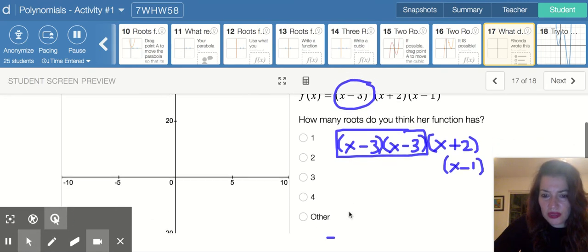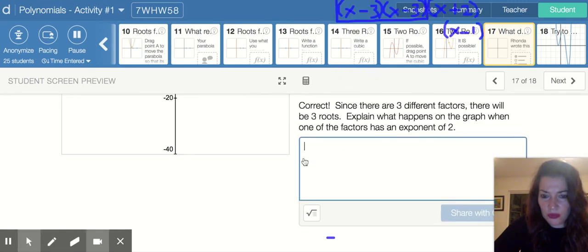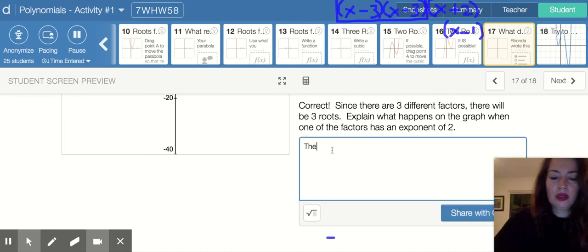So we're going to say over here that we have 3 roots. So correct, since there are 3 different factors, there will be 3 roots. Explain what happens on the graph when one of the factors has an exponent 2. The factor with exponent 2 is a double root.